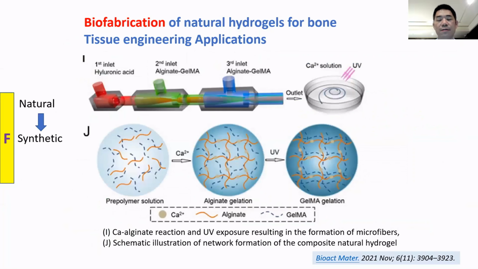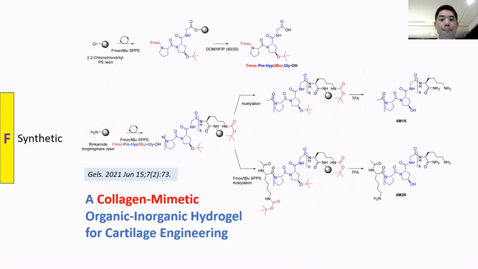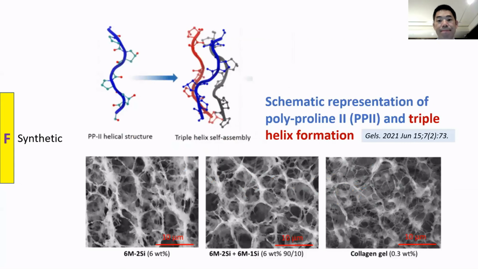And most of the synthetic hydrogels are made from natural material. What we are going to achieve is to mimic the natural structure of the extracellular matrix, and in this case, a collagen mimetic organic and inorganic hydrogel for cartilage engineering.